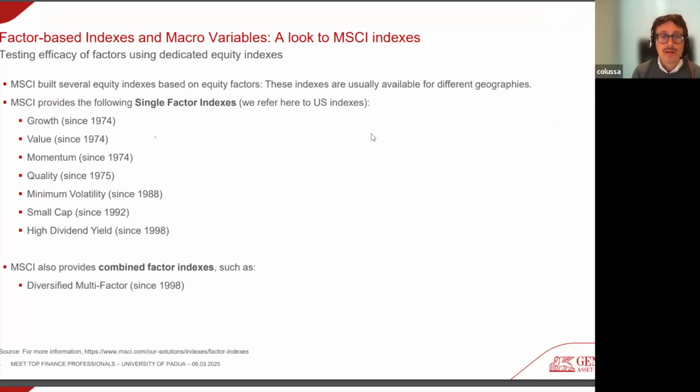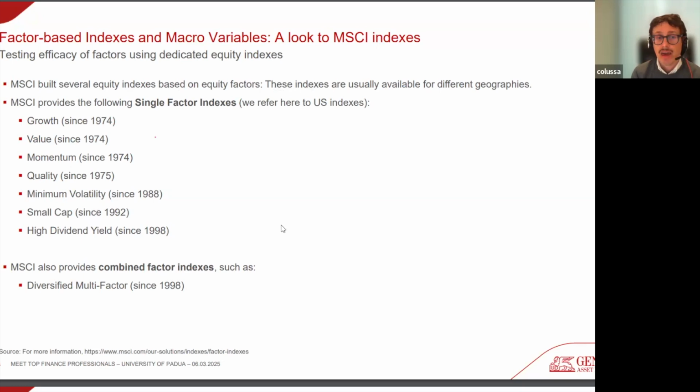First of all, it would be good to have a look at the MSCI indexes. MSCI is a very big market provider of indexes that are very often also used as benchmarks against which, for example, my funds or anybody's funds are usually measured.